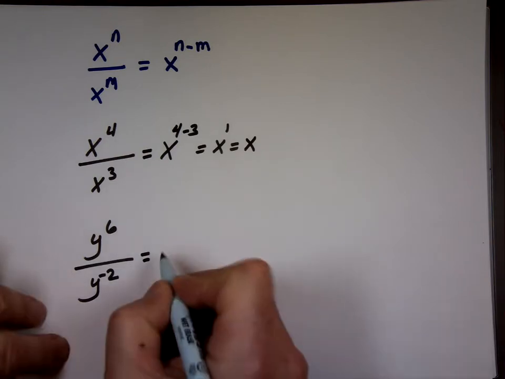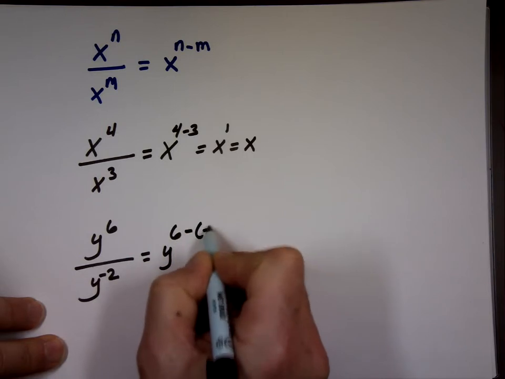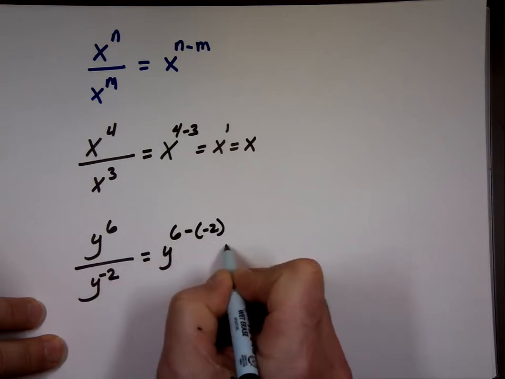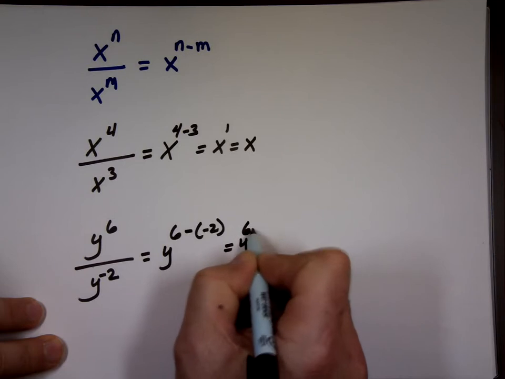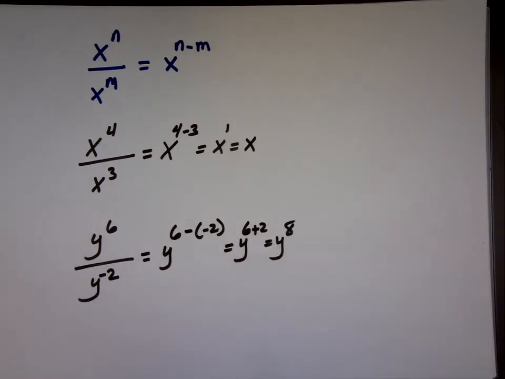Subtract the exponent, the top minus the bottom, minus a minus 2. What's minus a minus 2? Positive. Good.